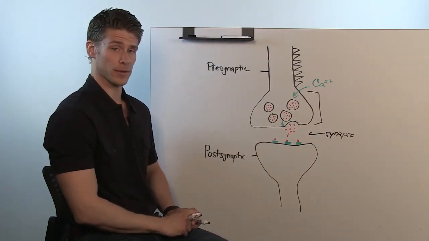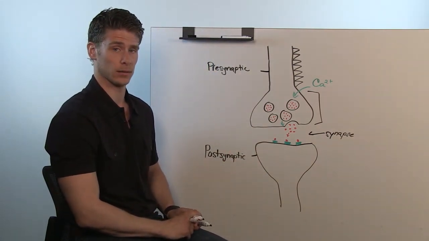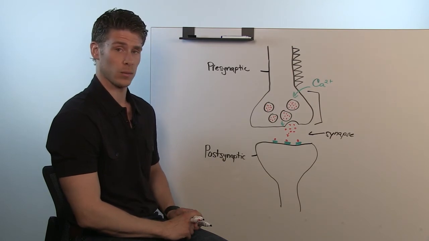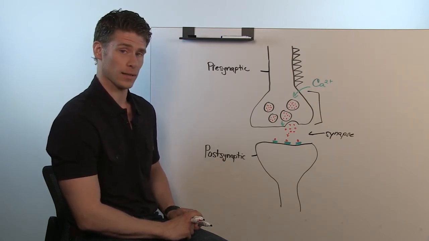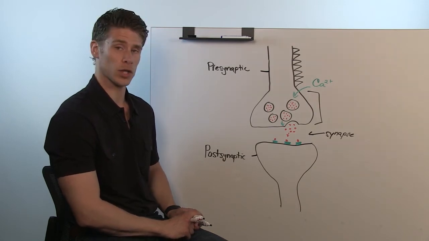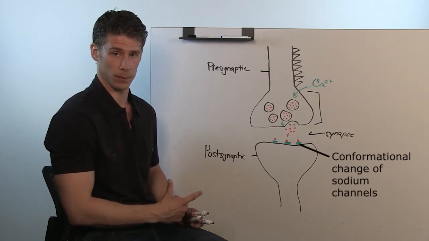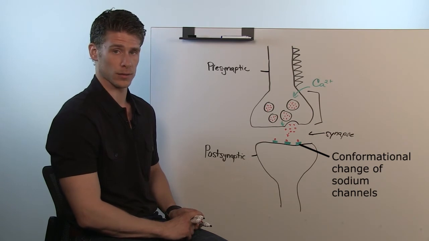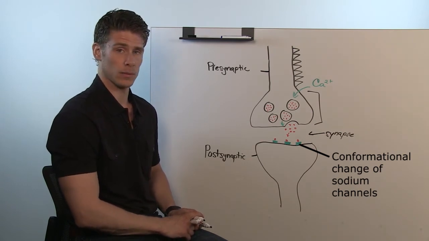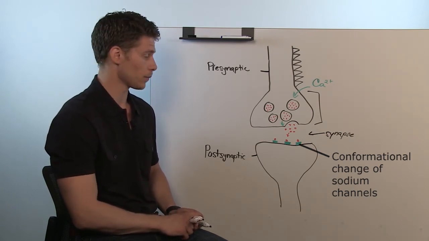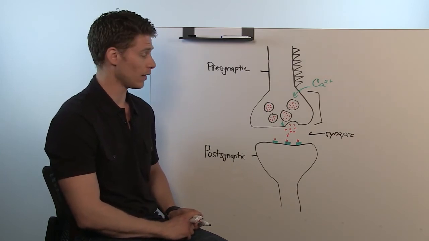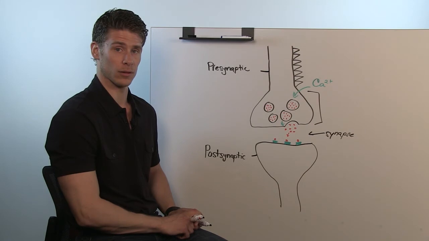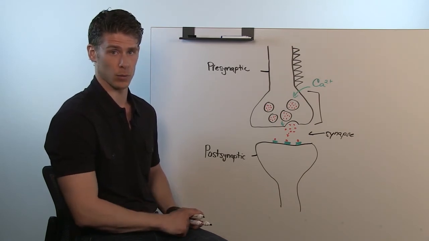Now, these receptors that are located on the postsynaptic cell are actually associated with sodium channels. So what happens when the acetylcholine binds to these receptors, it causes a small change in conformational shape of the sodium channels. This allows a small amount of sodium to come into the cell. What this does is it will bring the threshold of that cell up to a certain level that will allow for a ton of sodium channels to become opened.